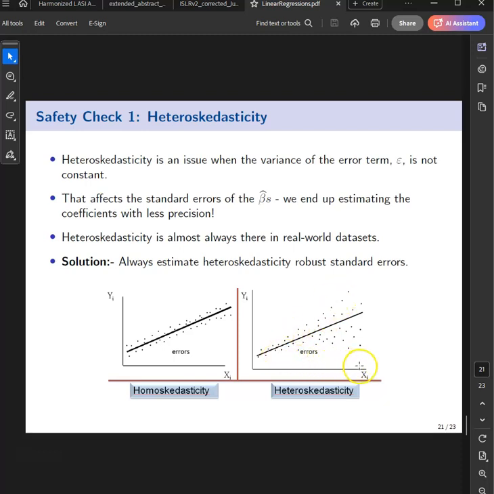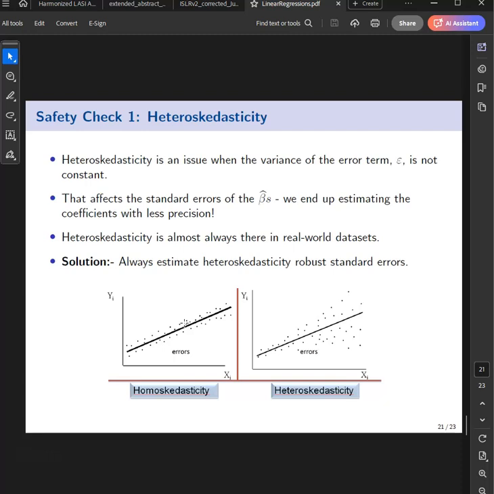The higher the value of x, the further the points are from the fitted line, as compared to a homoscedastic situation where for all values of x, the data points are kind of equally distant from the regression line.